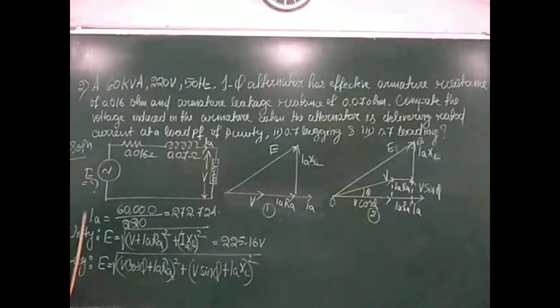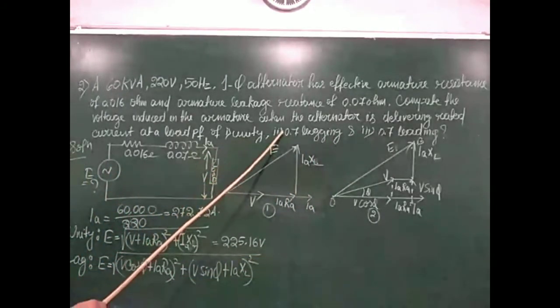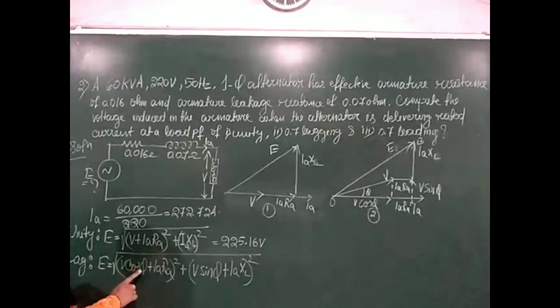Here power factor is given 0.7. You find the value of phi, and after that you calculate sin phi. Here sin phi also you get 0.7.